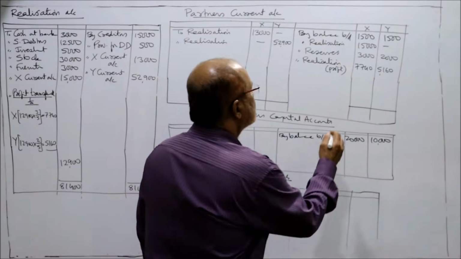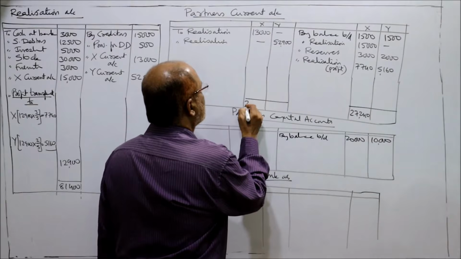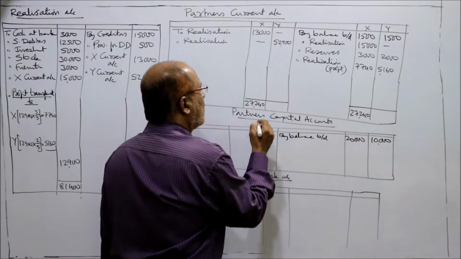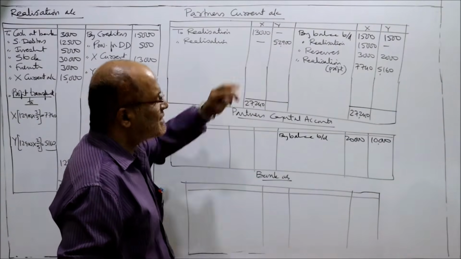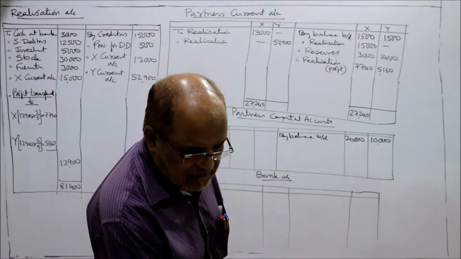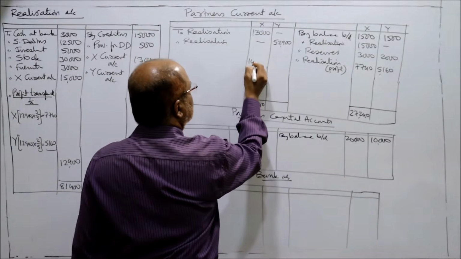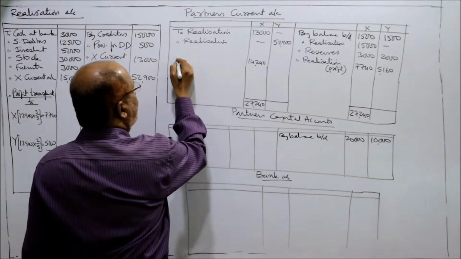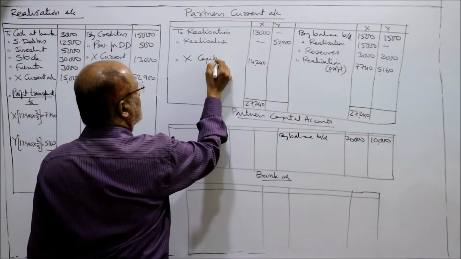The total is 27,240. Out of this 27,240 minus 13,000, how much are you getting? 14,240, to X capital account.